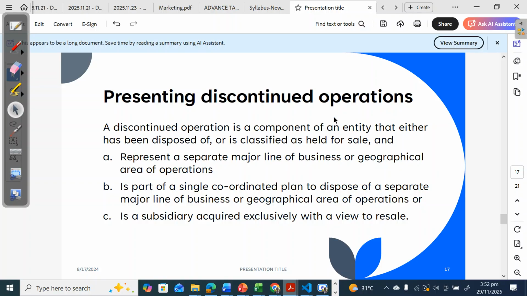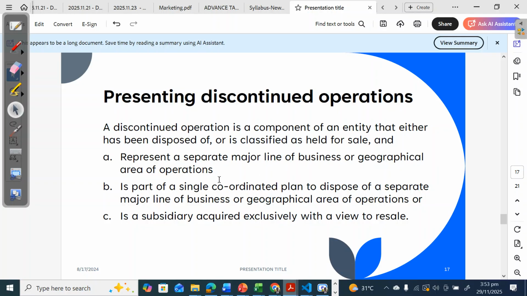A discontinued operation is a component of a business that has stopped operations. So maybe a company has a branch in Ghana, Nigeria, maybe the US, and in the course of the year they have stopped their operation in Nigeria.